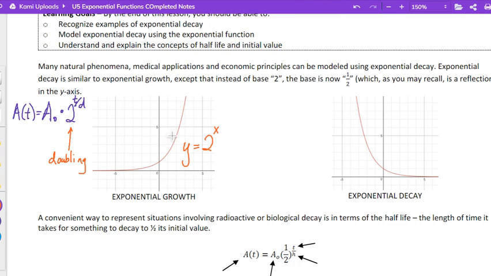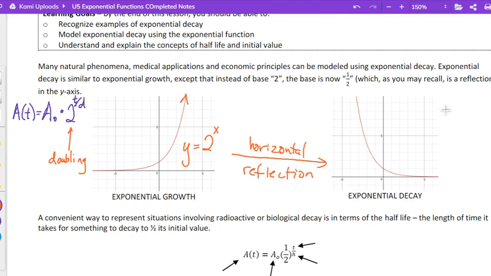Now, if I give it a horizontal reflection, my graph goes from an increasing graph to a decreasing graph. And that one flip of a horizontal reflection gives us the exponential decay.